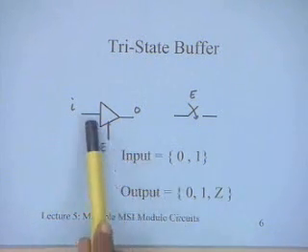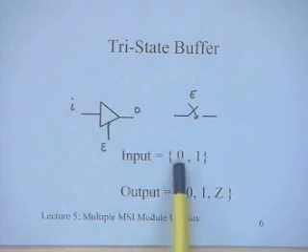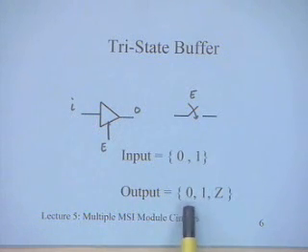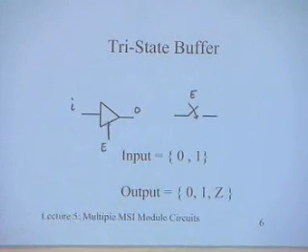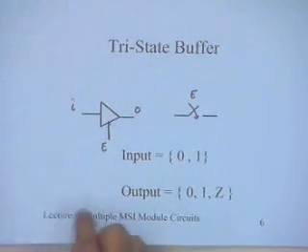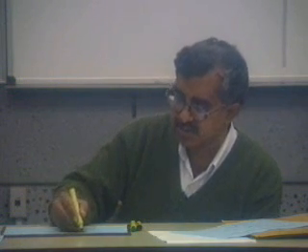So it should be clear that the input takes from the set 0, 1, and the output takes from the set 0, 1, Z, of course if it happens to be in the high impedance state when it is not enabled. Many times the outputs are specified to be tri-state, and we will see how, for example, a tri-state buffer can be used as a multiplexer.